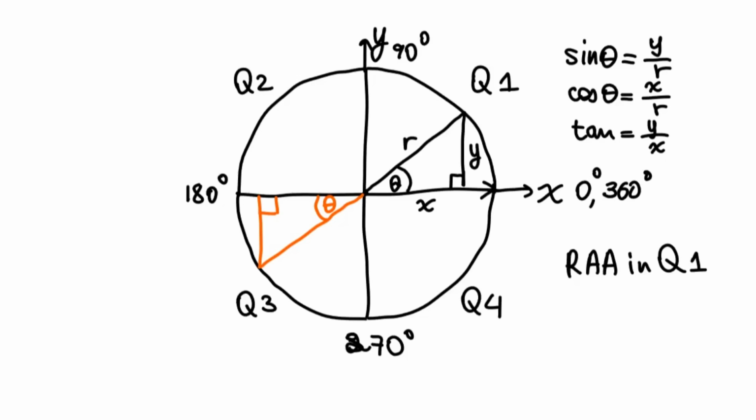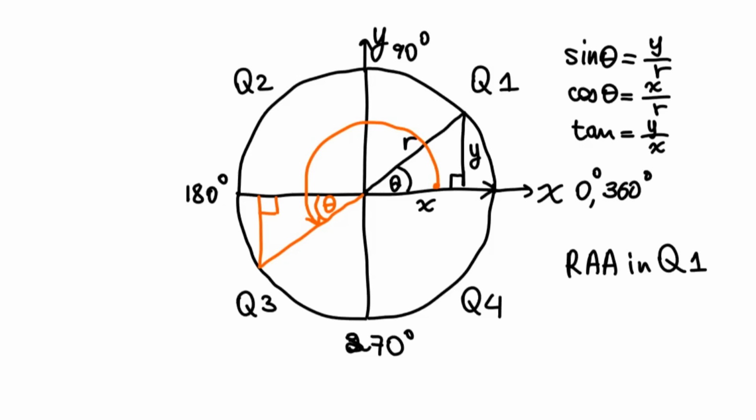These two angles are identical. However, every time I measure the angle, I start at the positive x-axis. So now my actual principal angle is this angle right here that is based on the original related acute angle.